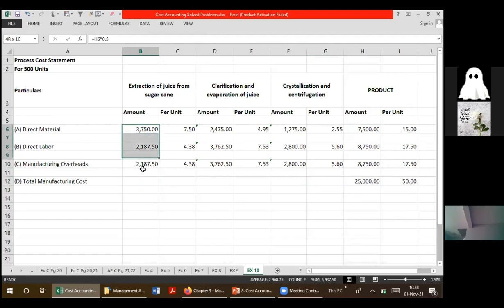Then per process, we can add them up. So for process number one, it is 8,125, and the per unit cost is 16.25.